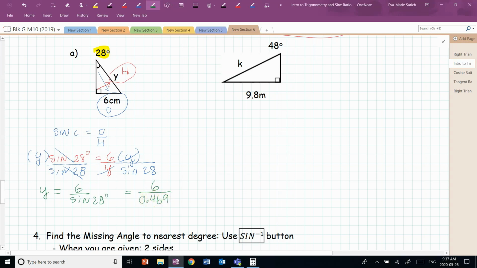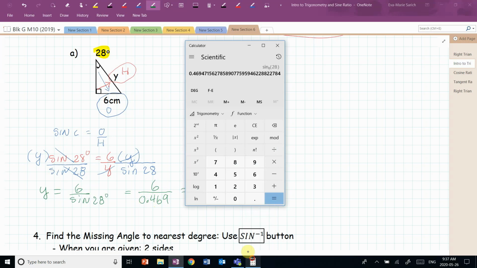0.469. Now all we have to do is take our calculator and divide 6 by 0.469. So I'm going to clear, and I'm going to start with 6, and I'm going to divide it by 0.469, and that's going to equal 12.79.